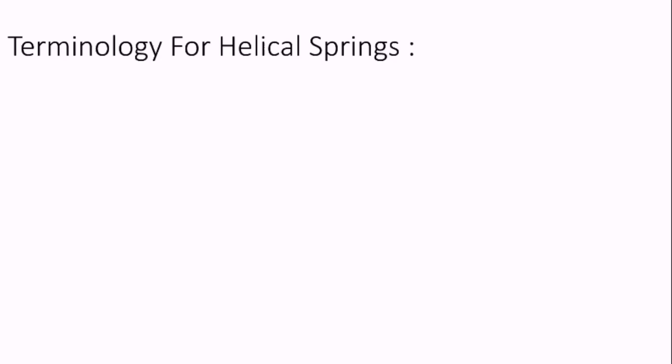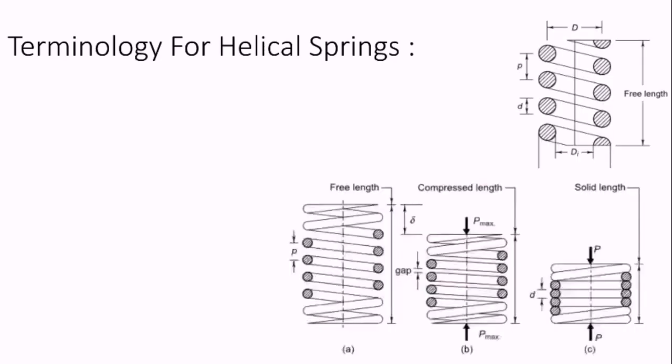After types of springs, let us now move towards the terminologies used in springs, which will be helpful while solving the problems. The first in the list is the solid length. It is defined as the axial length of the spring, which is so compressed that the adjacent coils touch each other.